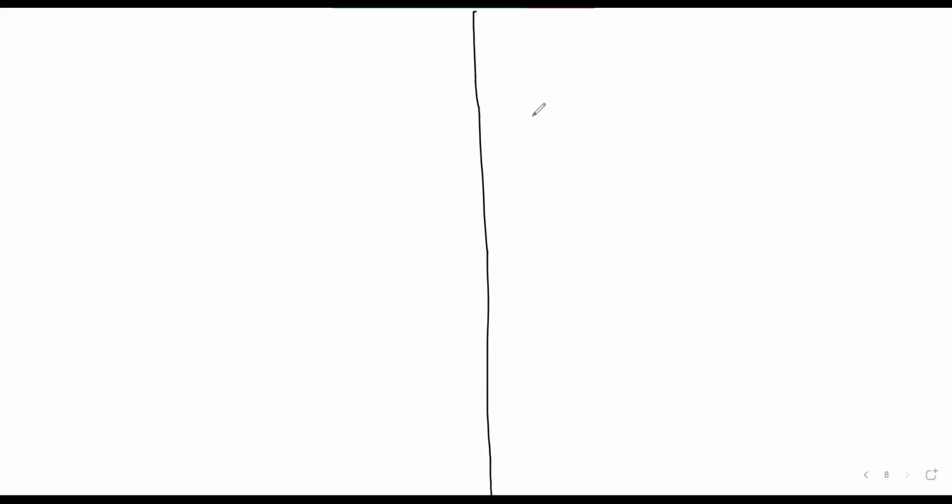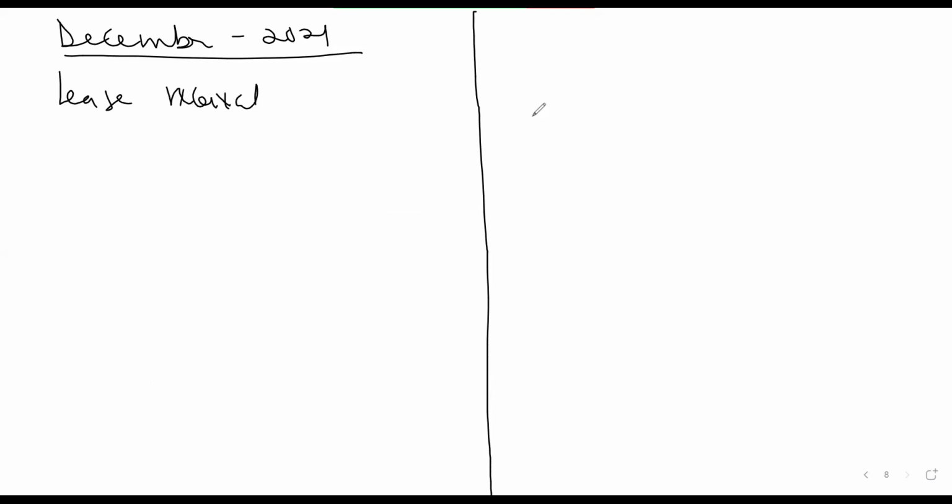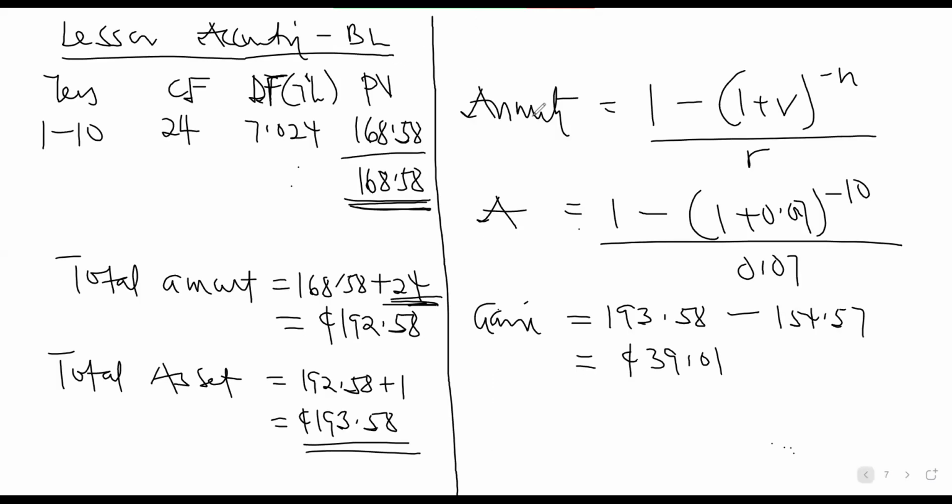Okay, let's come to December. What will happen at December 2021? So December 2021, the lease receivables will now be, so we have the lease receivables. What is the lease receivables? 192.58.